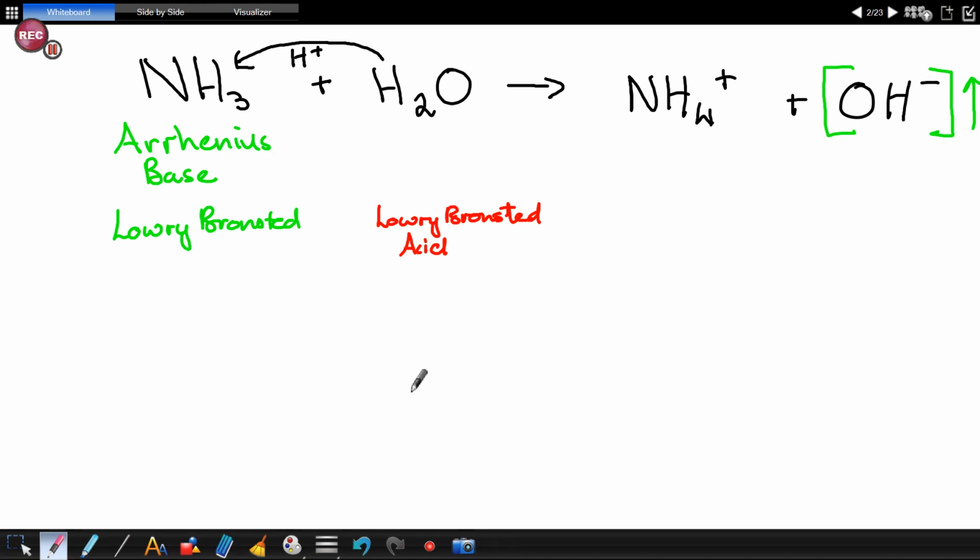That's an Arrhenius base. Which chemical here increases the concentration of the hydroxide ions? It's the ammonia, because it is taking the hydrogen from the water. If you mix something else, it won't happen with the water. Is it only with ammonia? No, it is not only with ammonia.